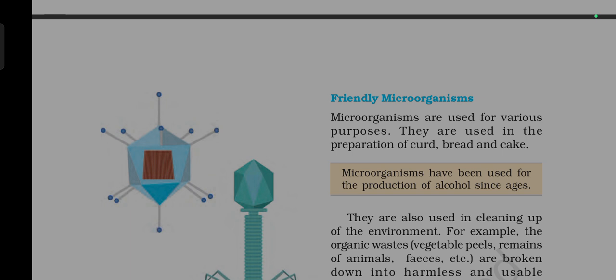The bread and the cake in the bakery, all these items in your house or in the market are made by microorganisms. So these kinds of organisms are friendly microorganisms, means they are good for us.